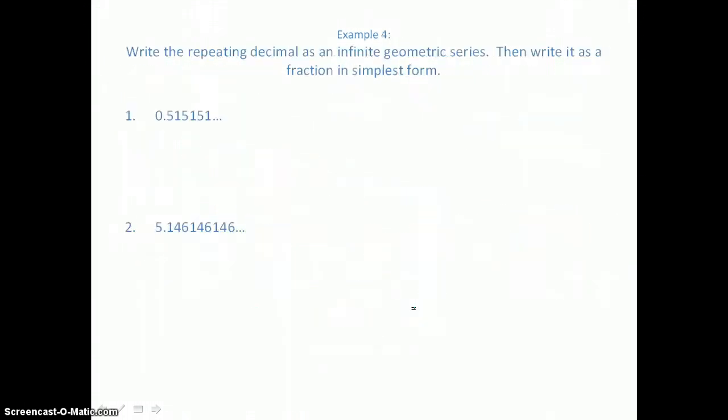In example 4, we want to write the repeating decimal as an infinite geometric series, then write it as a fraction in simplest form. So expanding, I'm first going to write this repeating decimal as 0.51 plus 0.0051 plus 0.000051, and that'll continue.